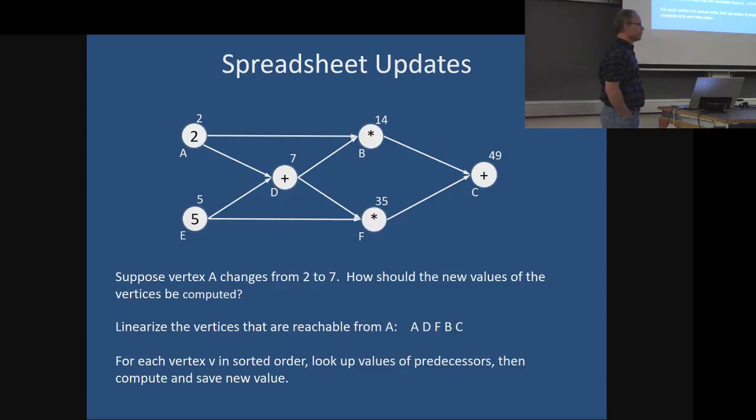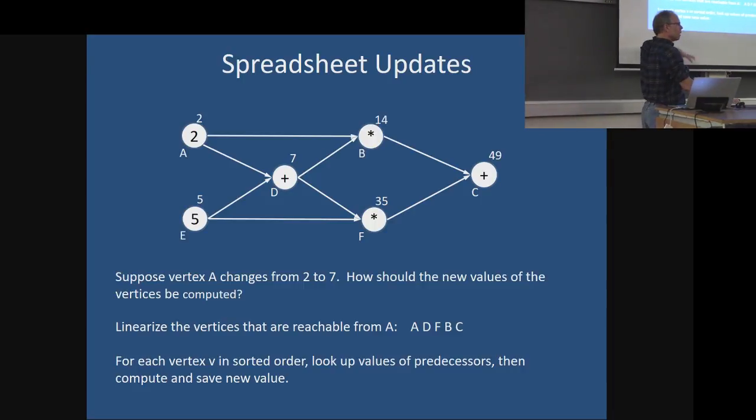Now that would tell you how to update every single vertex. In reality, you can be more efficient than that and just update the ones that need to be updated. But why does that work? Forget about the optimization. How can we know that we don't have to recursively do anything, we don't have to do any searching?